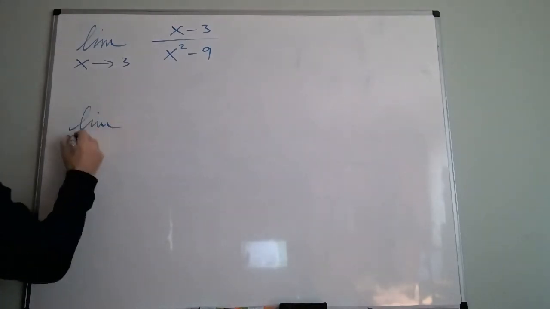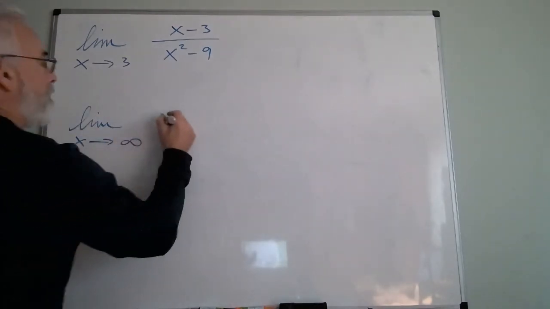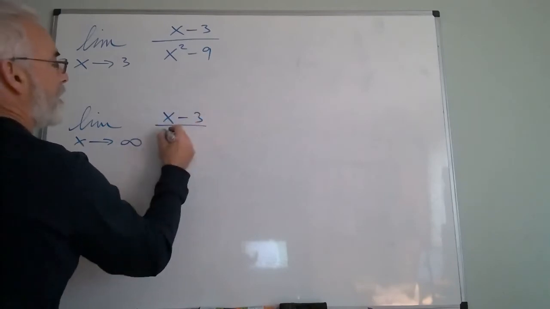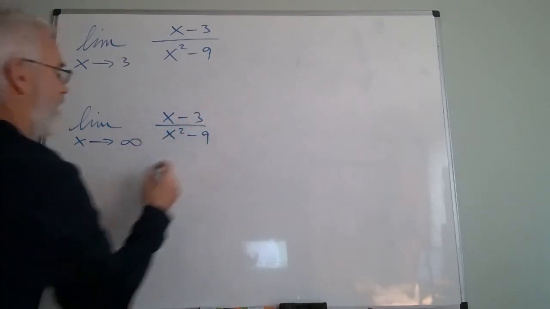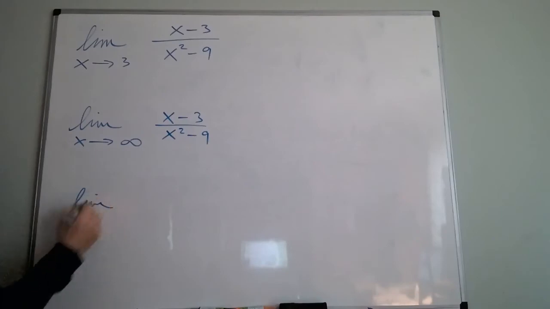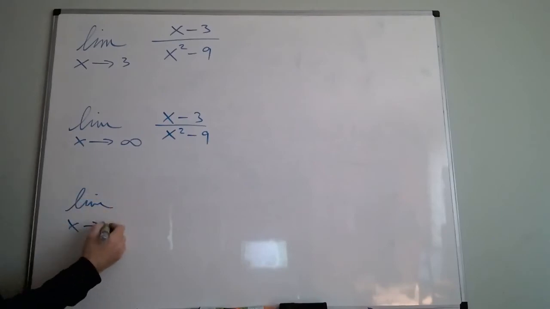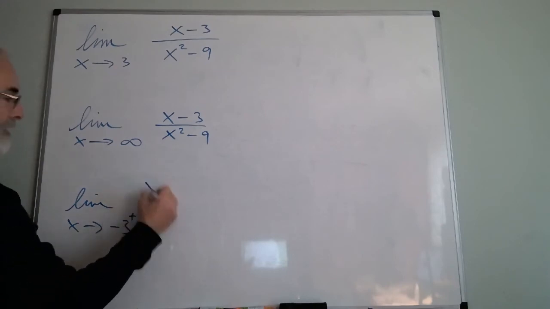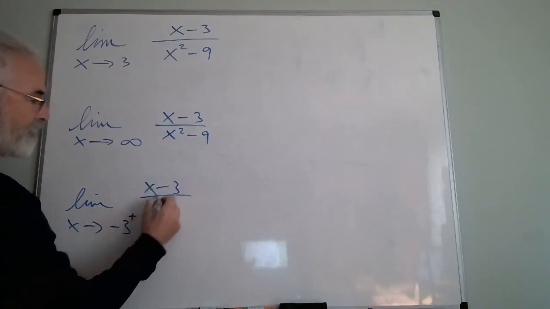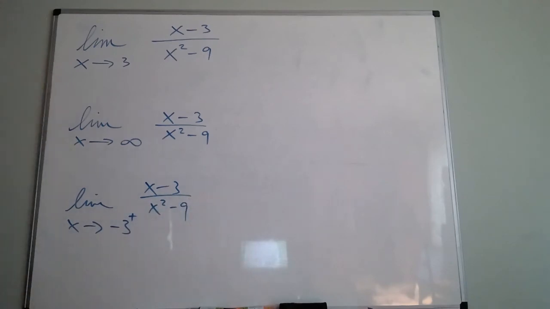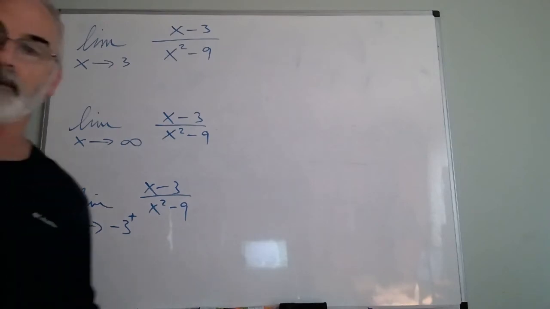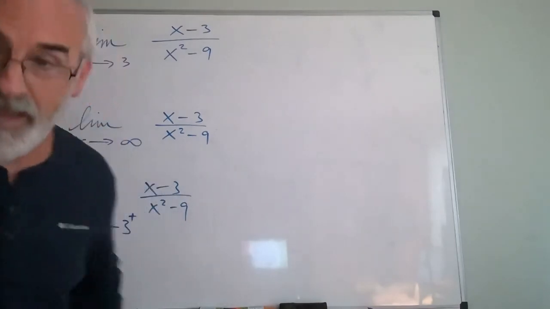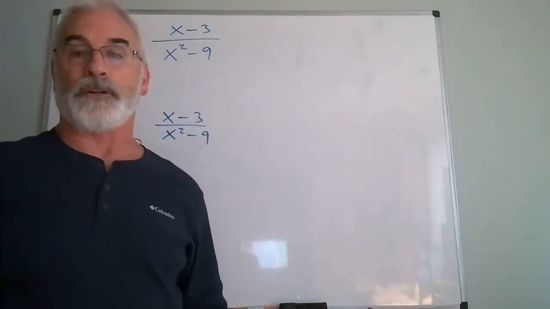The limit as x approaches infinity of x minus 3 over x squared minus 9. The limit as x approaches negative 3 from the right of x minus 3 over x squared minus 9. So I gave you the exact same function in all 3 cases, but I asked you for 3 different limits. I am most definitely going to have 3 different answers here.